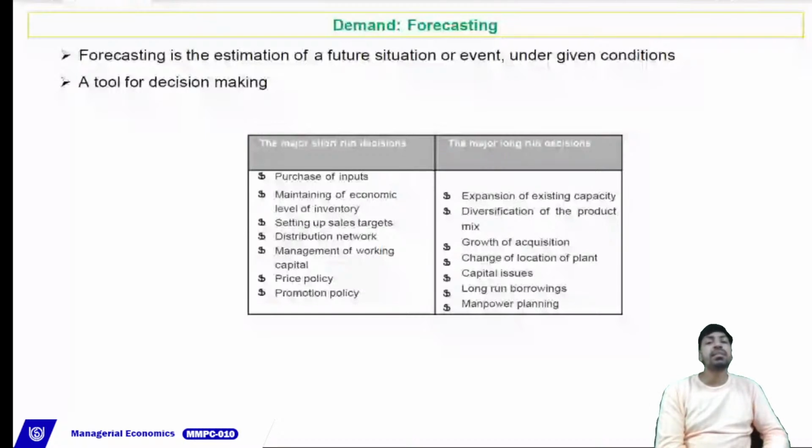In cross elasticity, there is no concept of a proportionate change in income.